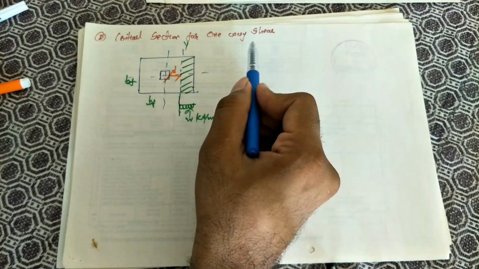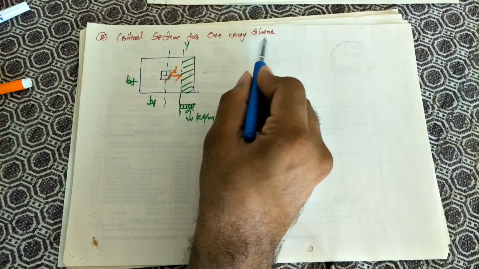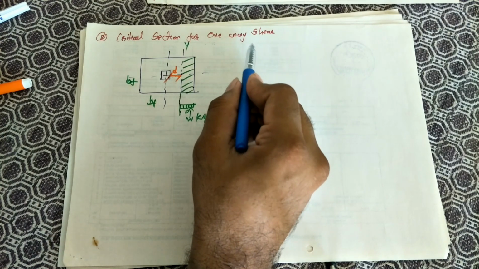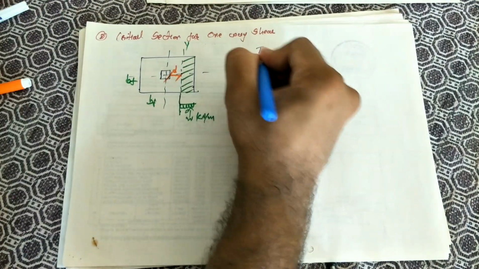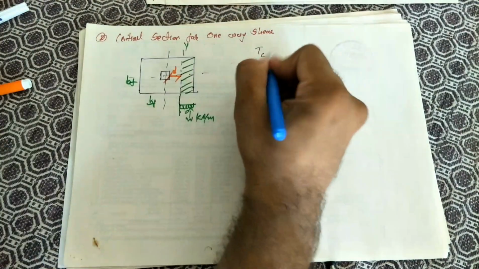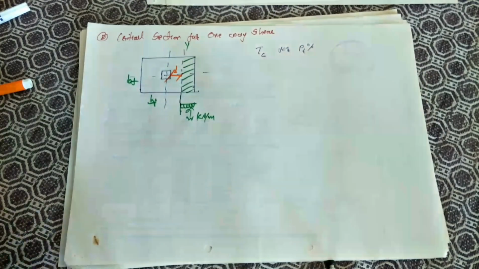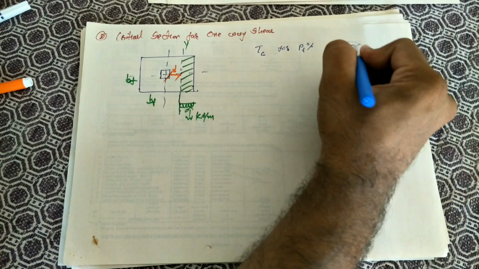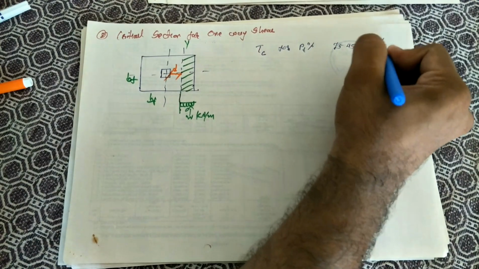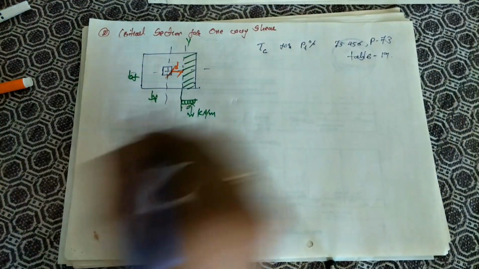So how can we check that our footing is safe in one-way shear or not? Here we have to use the criteria of shear strength design. Find the design shear strength of the concrete, that is tau c, for a percentage of steel. That is given in IS 456, page number 73, table number 19.